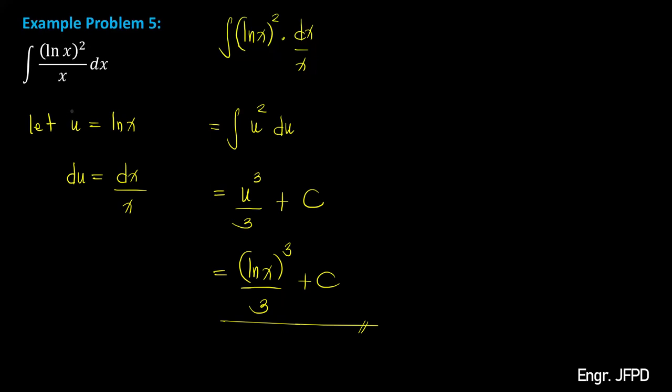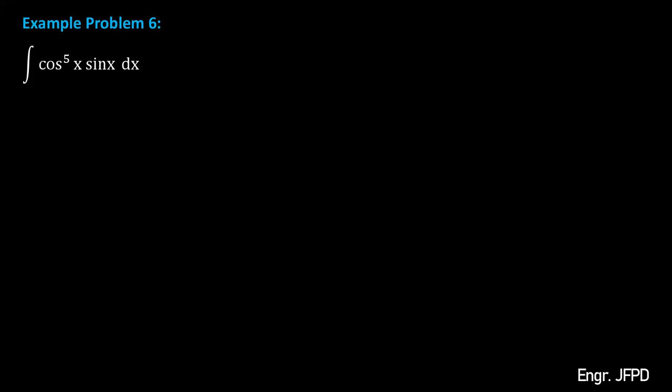For our last example problem, we have an integral involving a trigonometric function. For the integral of cosine to the fifth x multiplied by sine x dx, take note that this is simply the same as cosine of x raised to the fifth power multiplied by the sine of x dx.